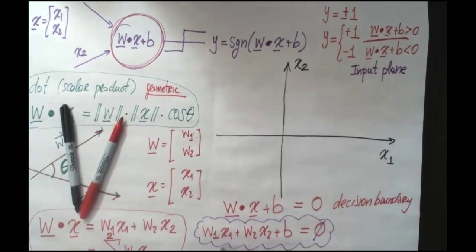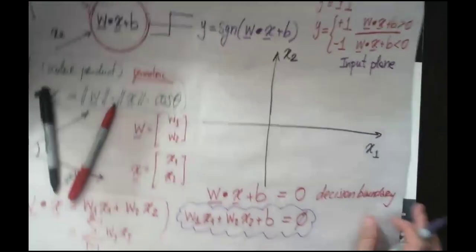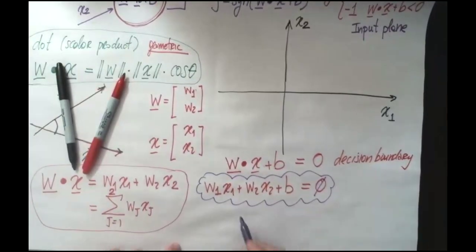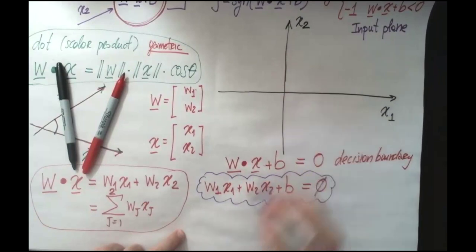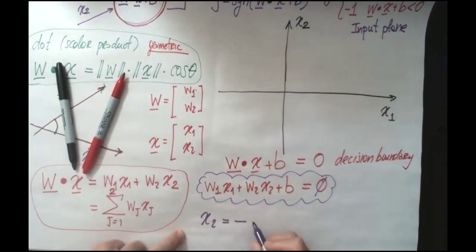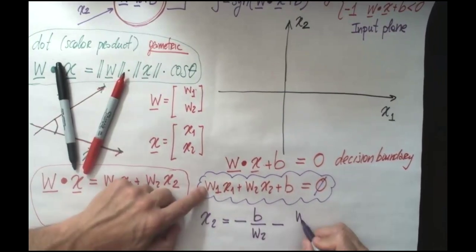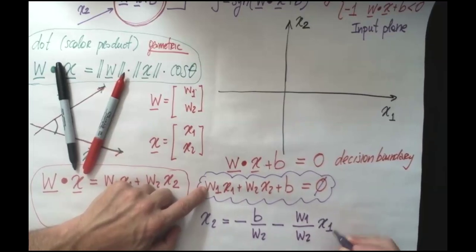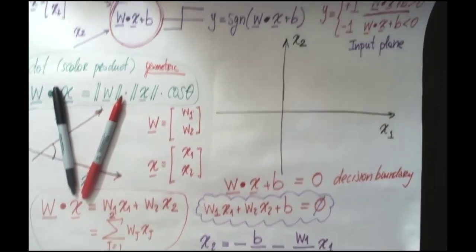And how do we plot this line? We can express x2 equal to minus b divided by w2, minus w1 over w2 times x1. So it will be easy to plot the line.